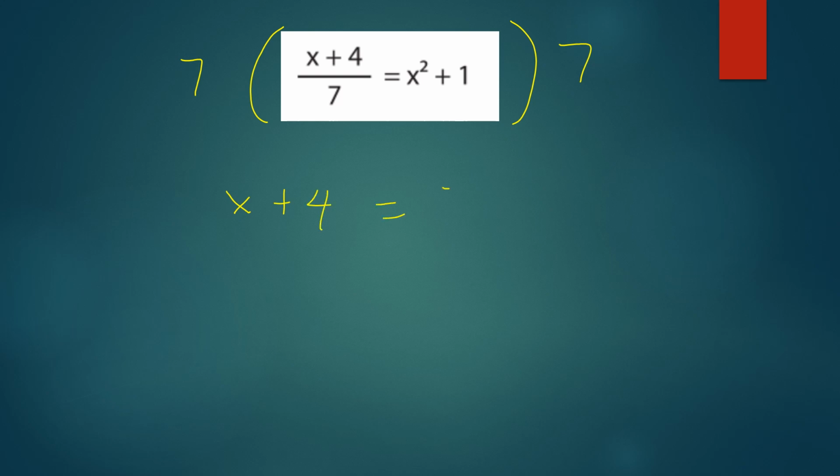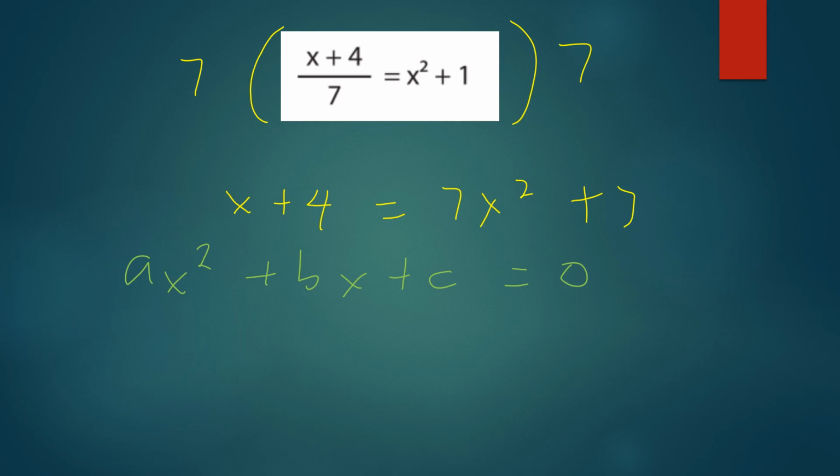And on the other side, we have 7x squared plus 7. Now, we will write it in the form ax squared plus bx plus c equals 0.